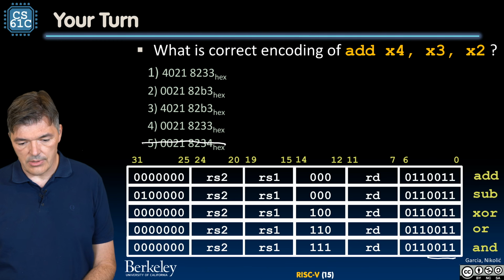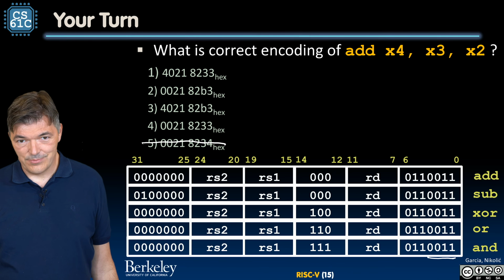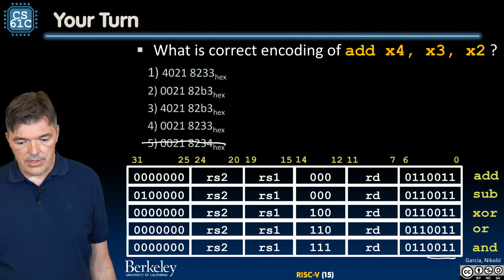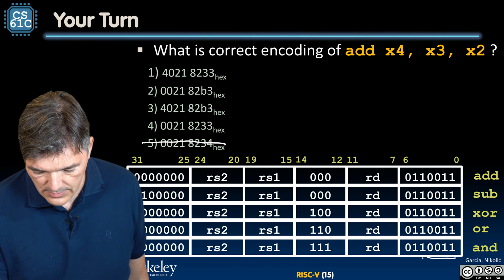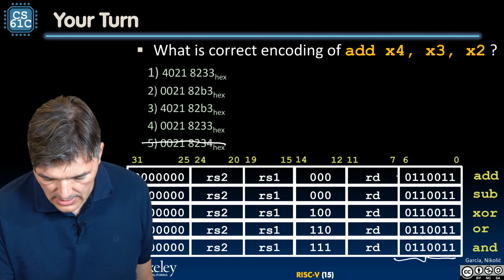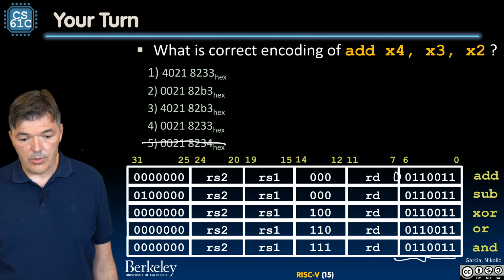Which one is that? So let's take a look at RD. RD is x4. The last bit of x4 is 0. x4 is 0100. So if I take these bottom 3 bits and add a 0 that has to be here, then that's going to be 0011.